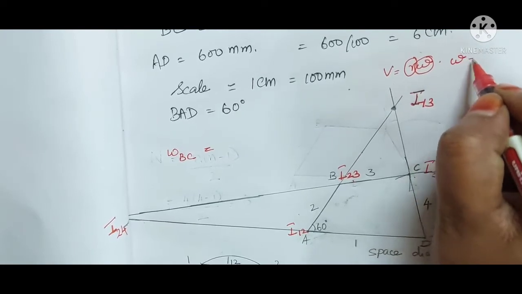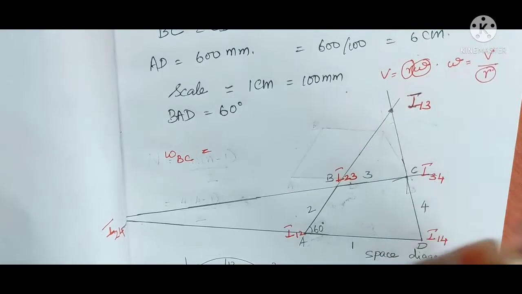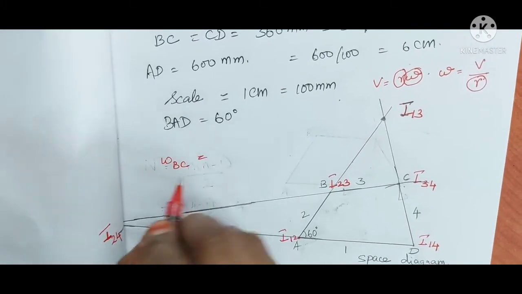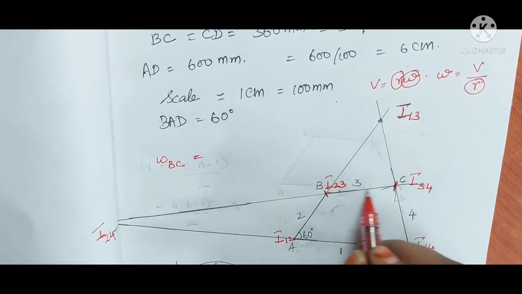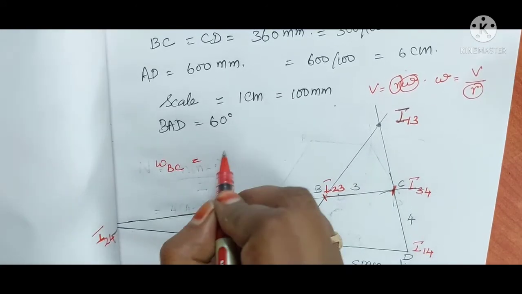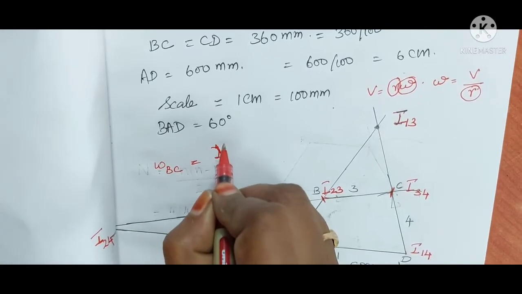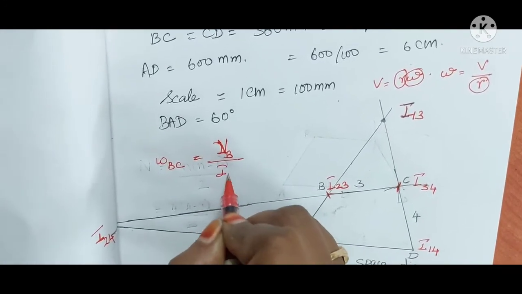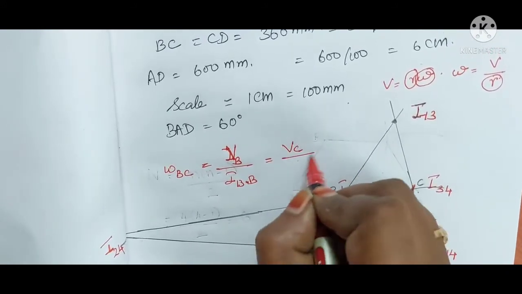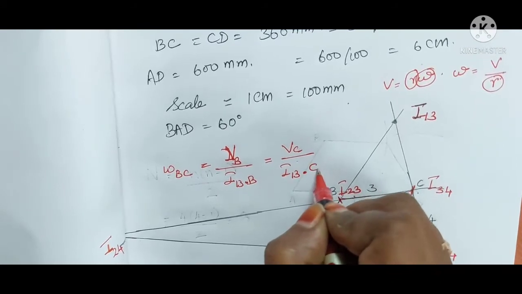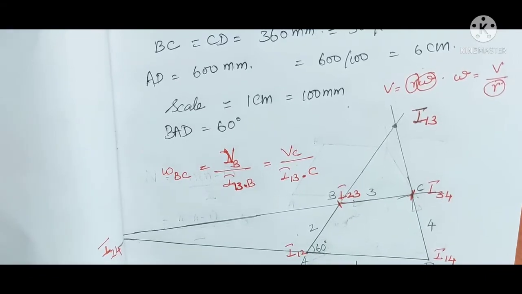So omega is V by R. Now for this angular velocity of BC, VB by I13 dot B is equal to VC by I13 dot C. With the help of this I can find omega BC.